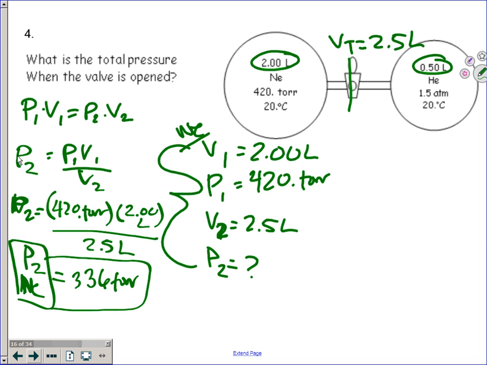So what do I need to do for helium? The same thing, but you have a different starting point in pressure and in volume. So that was for neon.